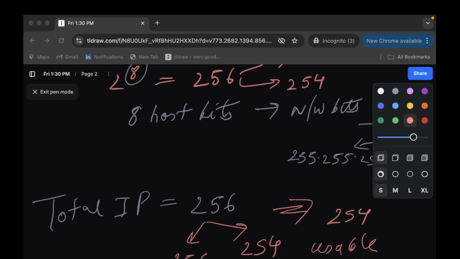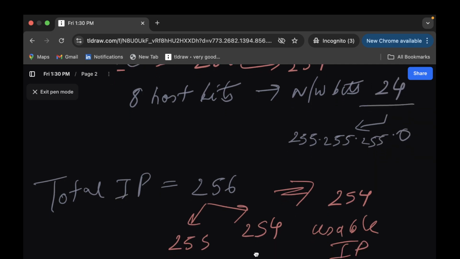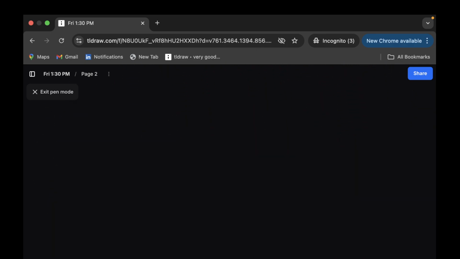Oh, I see what's happening now. So when we go to classful addressing, the network bits are fixed. So every class is going to have a default mask.